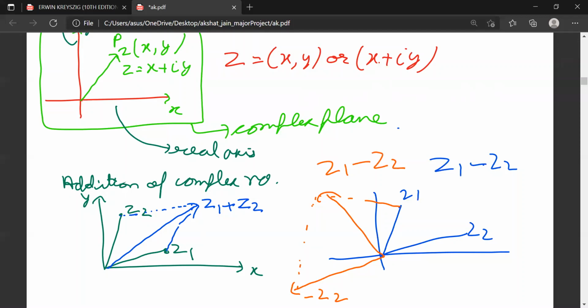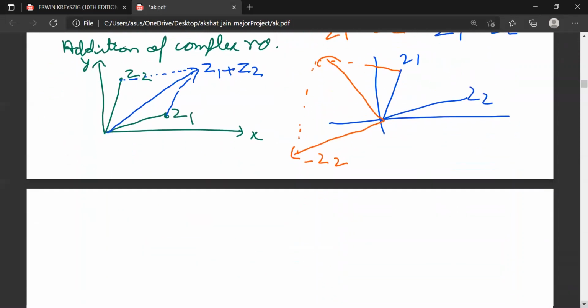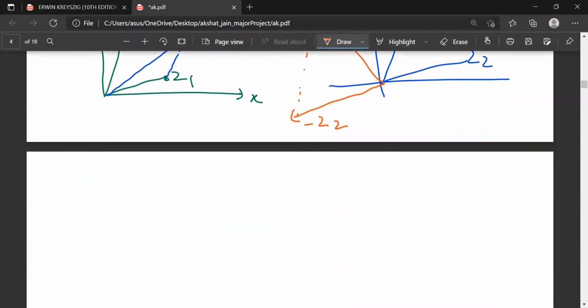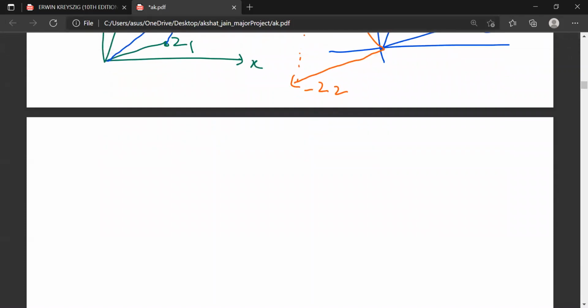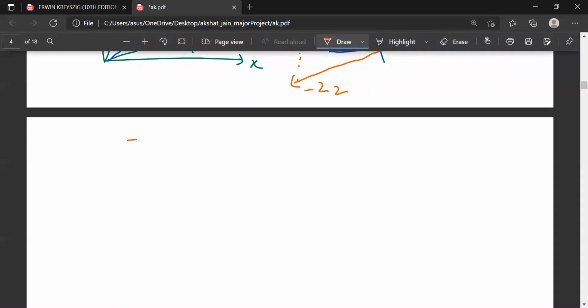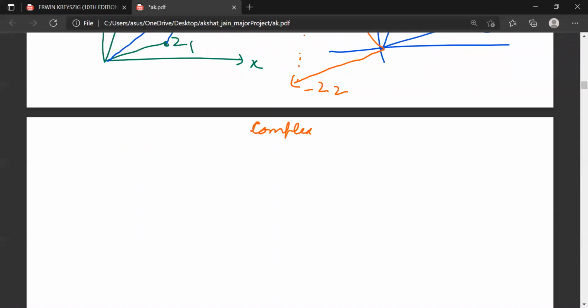Okay. Now we will talk about the complex conjugate. What do we mean by complex conjugate? We know z equals x plus iota y.